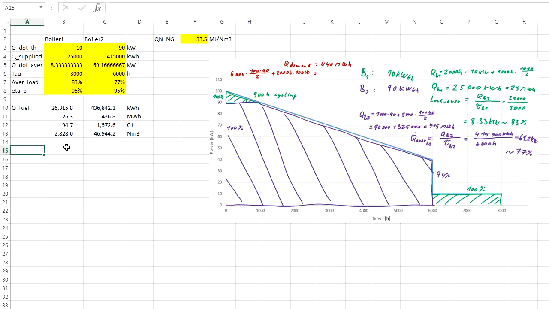And now, since both boilers have the same efficiency, well, maybe the smaller boiler would not have that much, let's say just 90%.